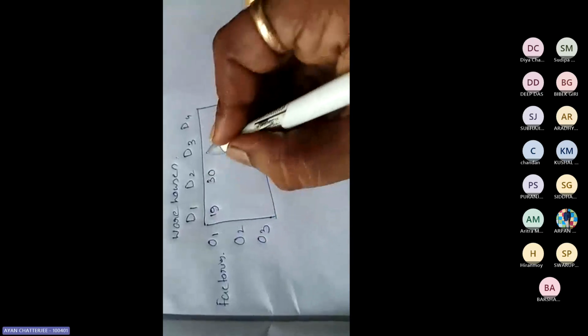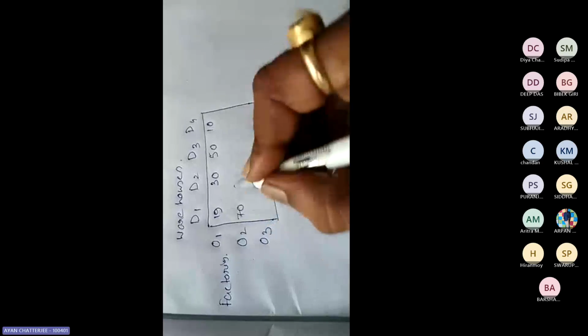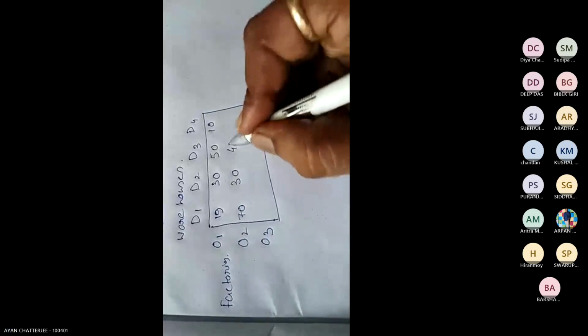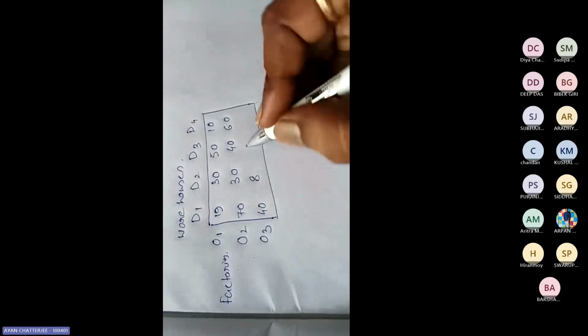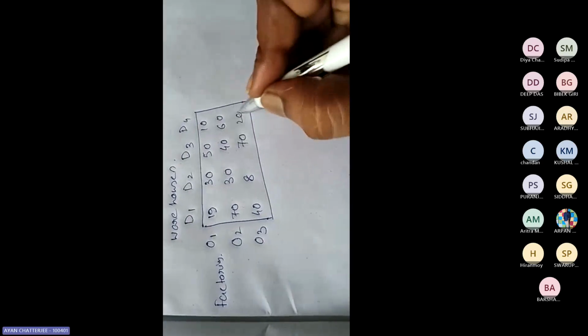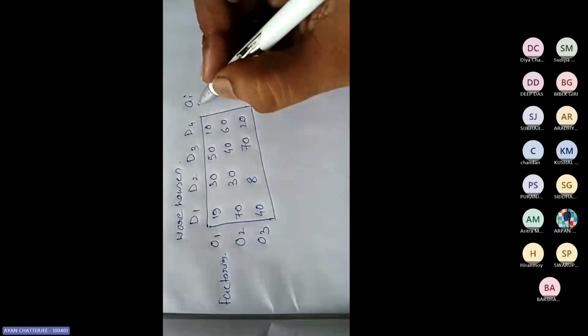The values are 19, 30, 10, 70, 30, 40, 60, 48, 70, 20.